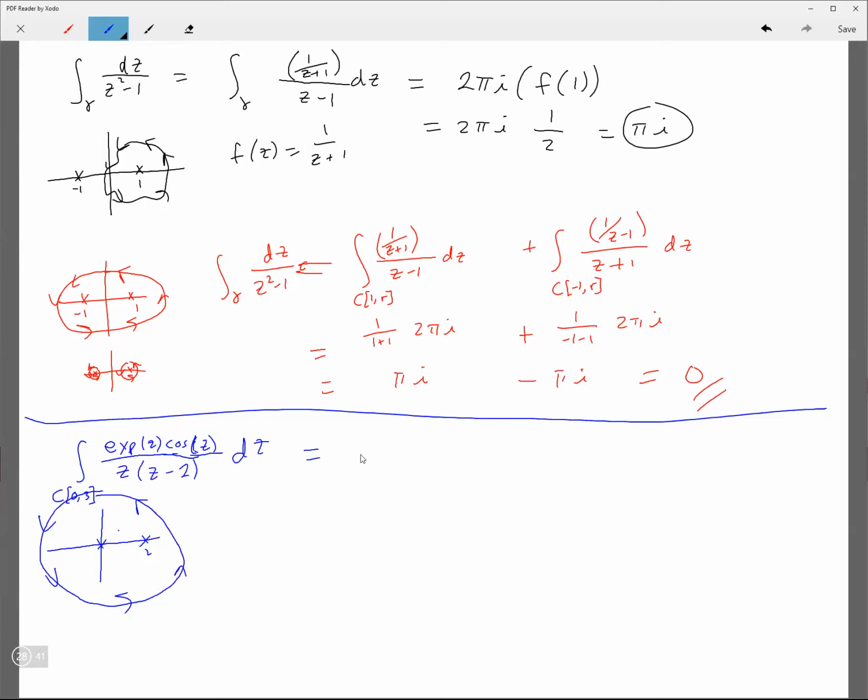Okay, so what you can do is split this up as 2 integrals. The first one will be over a circle whose center is 0 and radius, we'll say, radius 1. And the second one could be over center 2 and radius 1.